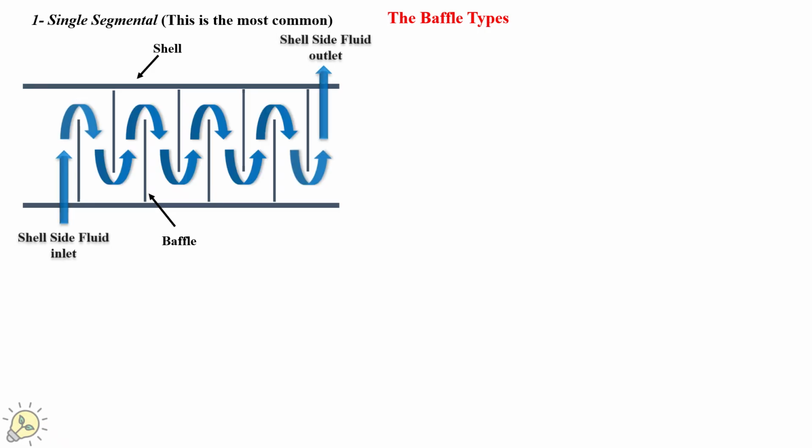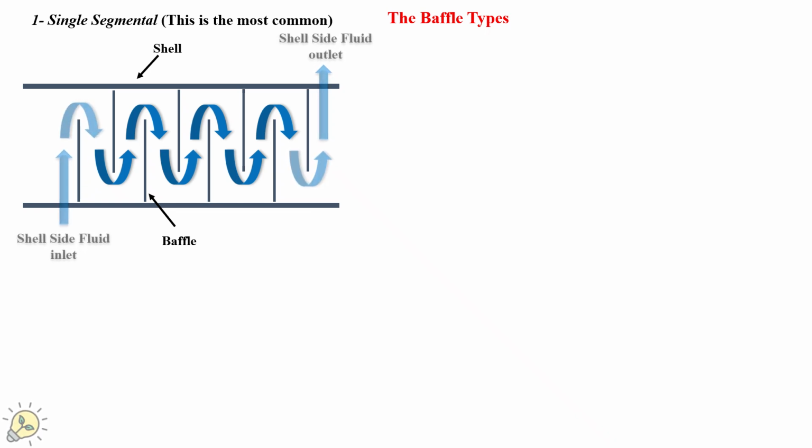The baffle types which are used in manufacturing of shell and tube heat exchangers. The first type is called the single segmental, which is the most common type of baffles.